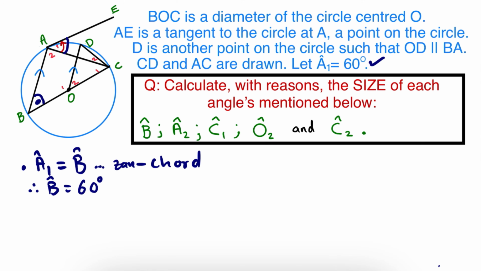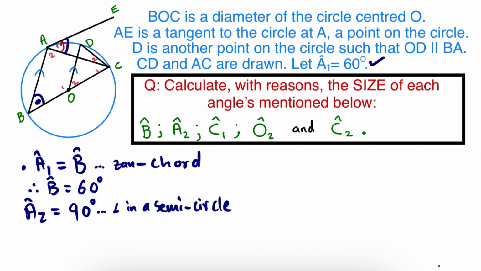Remember, we call it an angle in a semicircle, all right? So I'm just going to go straight to the point and just be like, oh, so basically my A2 would be 90 degrees. Reason is angle in a semicircle.